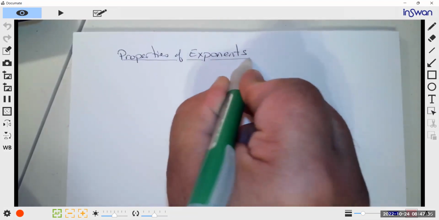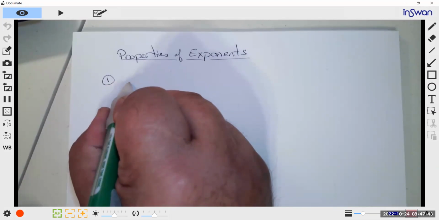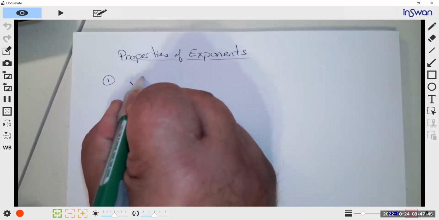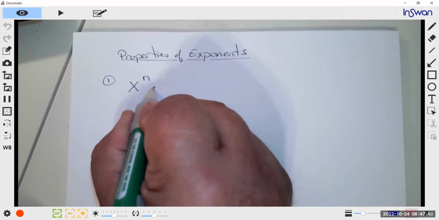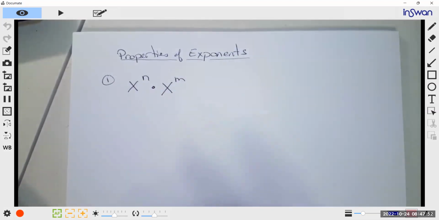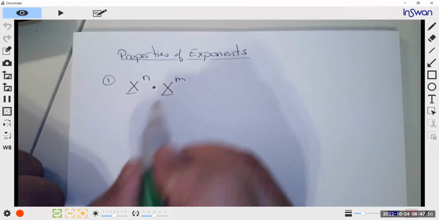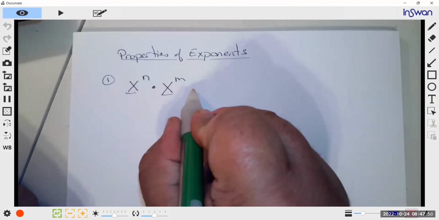Remember, the properties are the rules that they have to live by. The first one: if you're multiplying two terms that have exponents, as long as they're the same base, you can combine them.